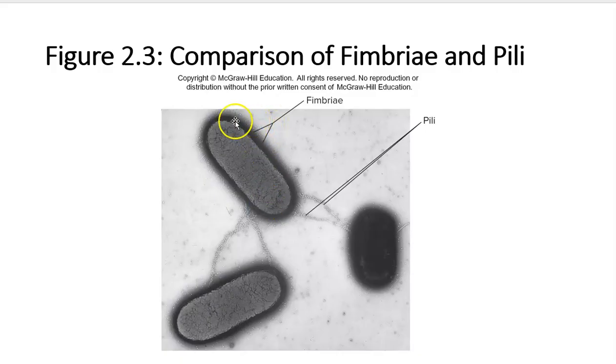There's the little fimbriae, the little hair, and then you see these structures right here. Those are the pili. So DNA information can be exchanged, or RNA can be exchanged, from one organism to another. Let's say you have a population and you try to kill the bacteria with alcohol, and a few of them survive.